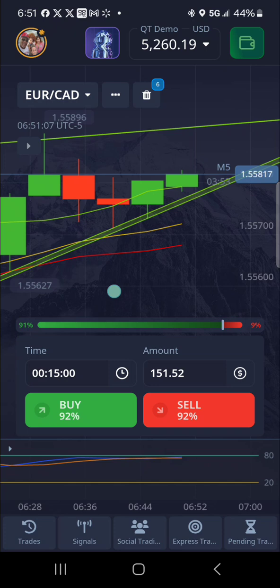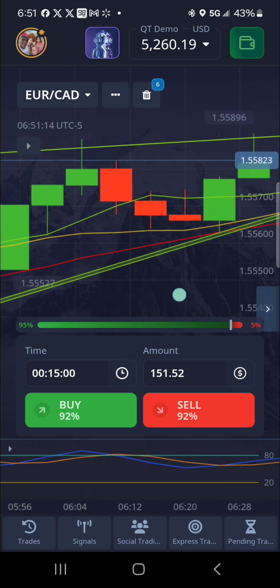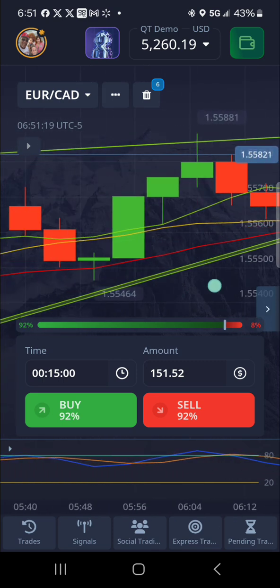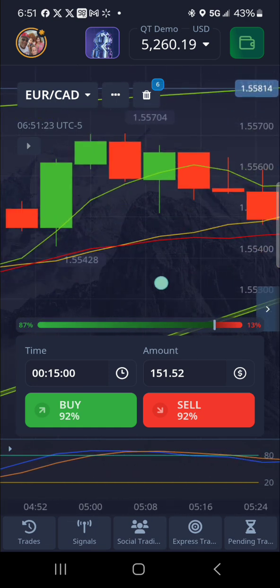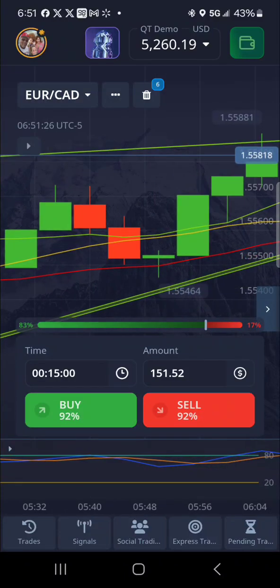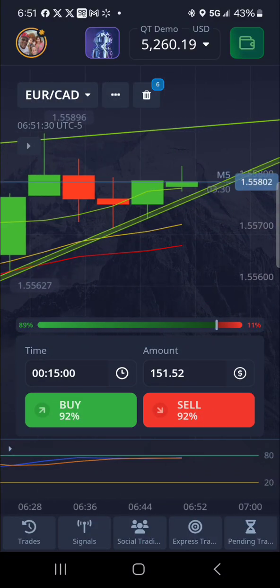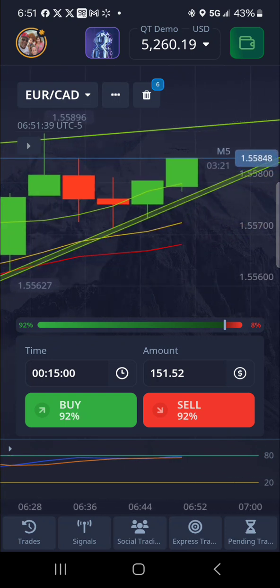So let's see if we can get a good one. I'm just looking at the line, looking at the pattern again. I mean, the pattern is definitely uptrend, but you want to give it a little time.